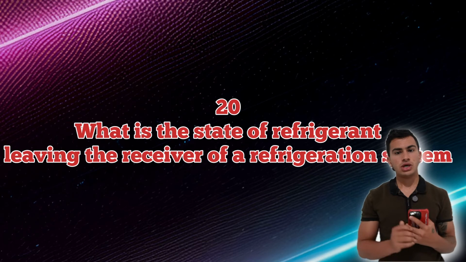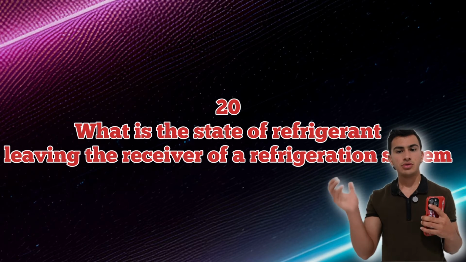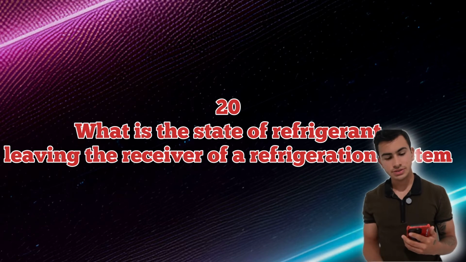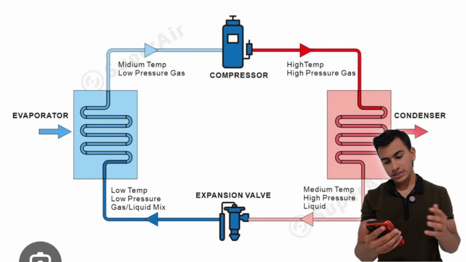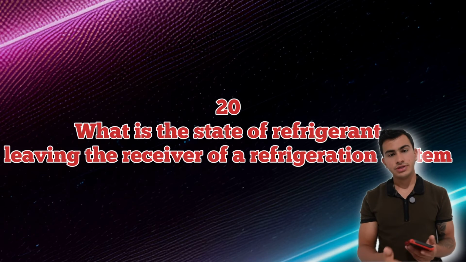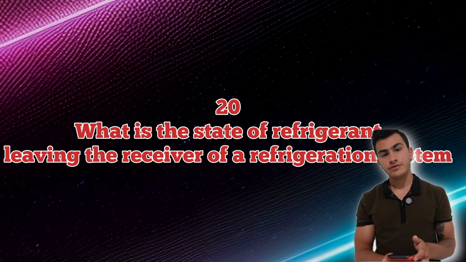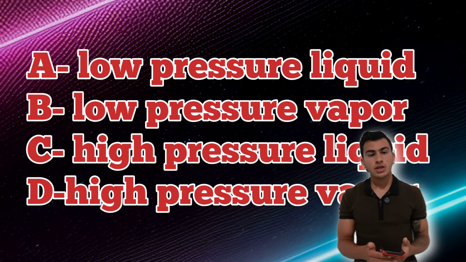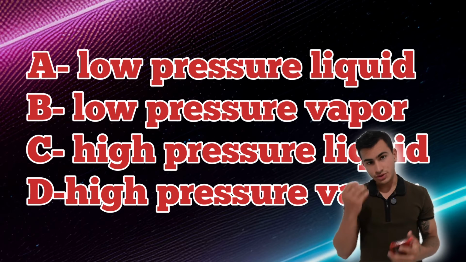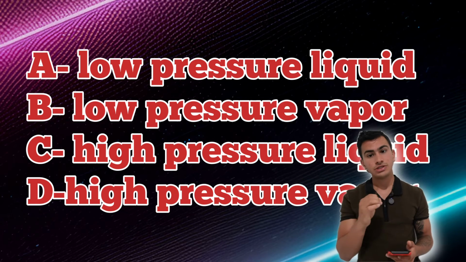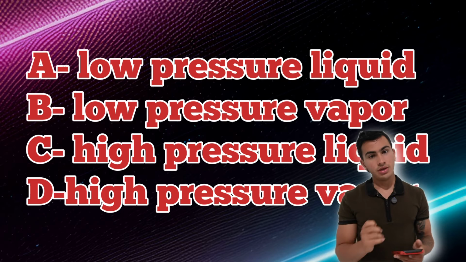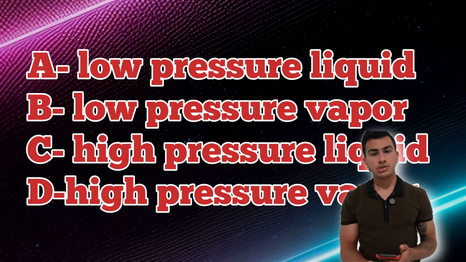Now for this one, I will put a picture up here of the refrigeration system. It's asking what is the state of refrigerant leaving the receiver of a refrigeration system, and that will be a high pressure liquid.